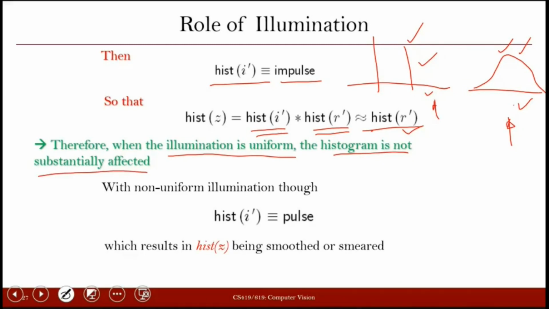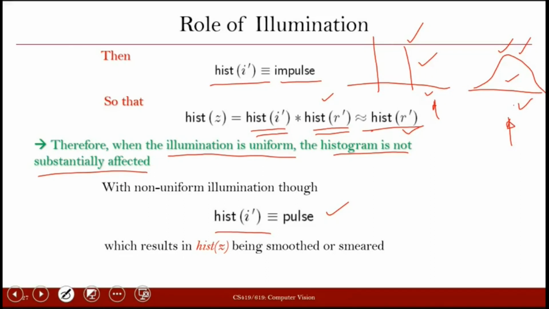Now, when the illumination is not uniform, I prime is going to be a pulse like this. And obviously the reflectance will not be fixed, because normally we have objects which have varying characteristics over the surface.